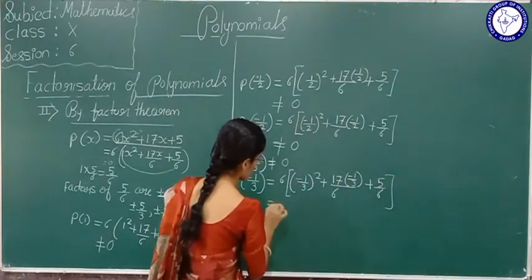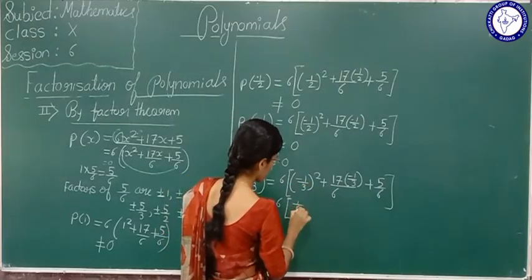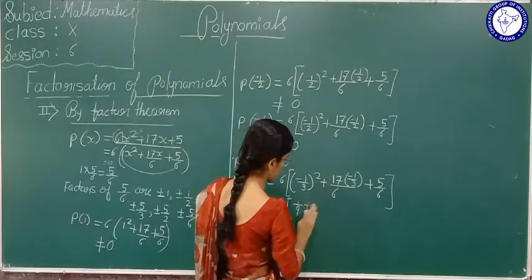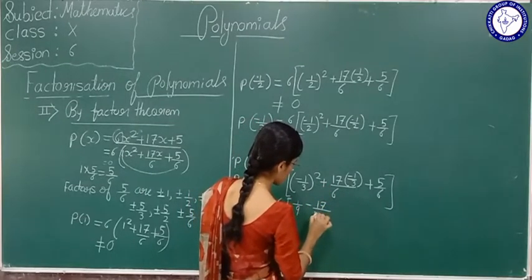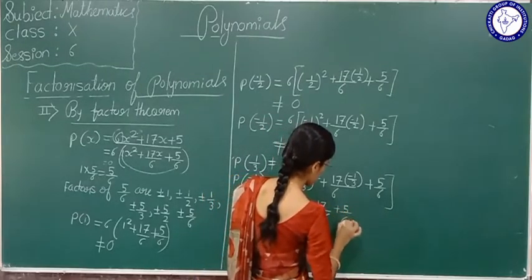Okay, 6 into 1 by 9, plus, minus, it will be minus 17 by 3 multiplied by 6, plus 5 by 6.